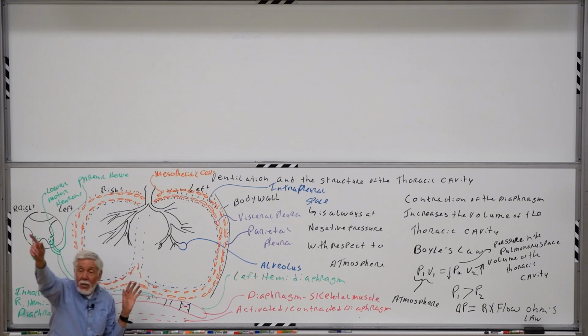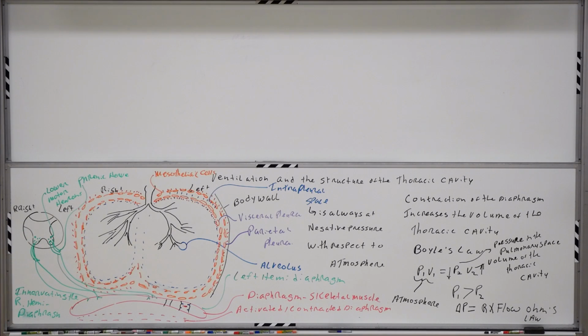So yes? Is this just like the direction of flow or the magnitude of flow? So the question here is, what's the difference between the directional flow and the magnitude of the flow? So the direction of the flow is simply we increase the volume, decrease the pressure, and the air comes in. So that's the direction. The magnitude of the flow is going to be how much you contract the diaphragm.